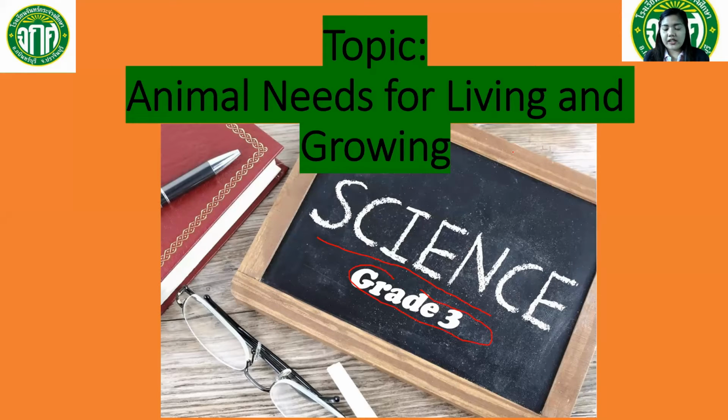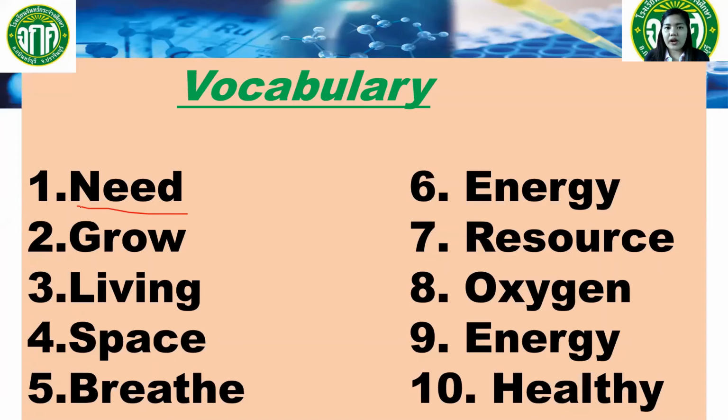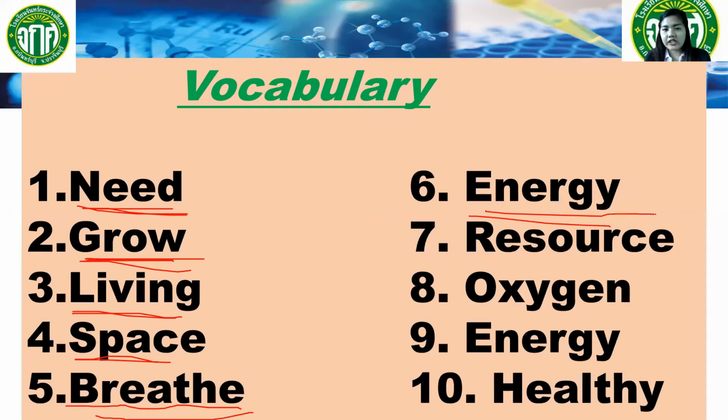Okay, so let's start with our vocabularies. Just follow teacher. Number 1, need. Number 2, grow. Number 3, living. Number 4, space. Number 5, breathe. Number 6, energy.